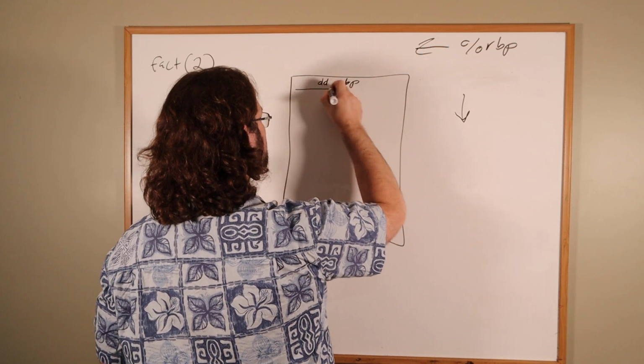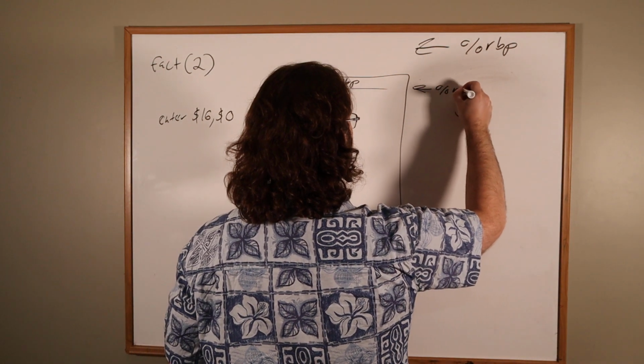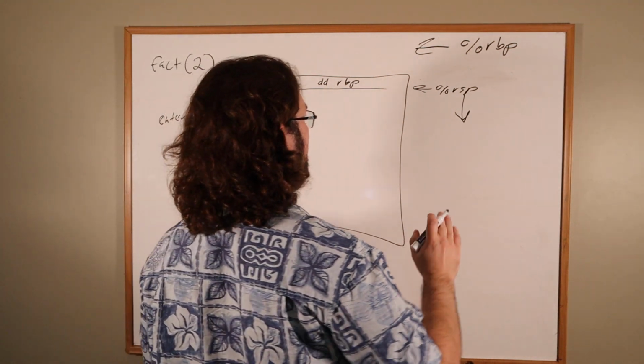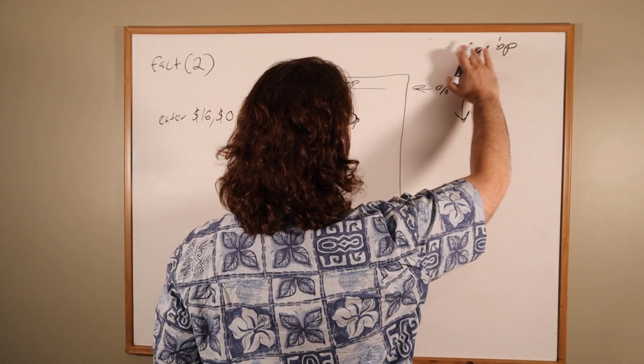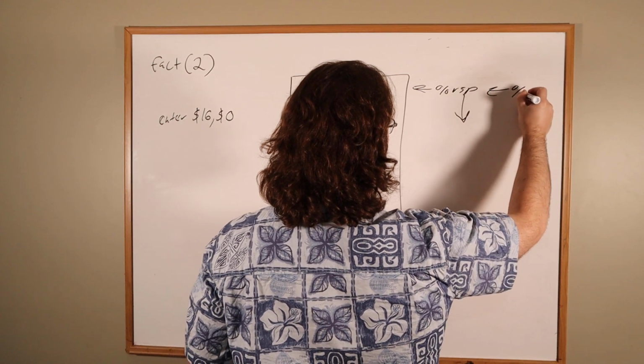Old RBP goes at the top of the stack. So that's going to cause RSP to end up here. Now, RBP is going to be made to point to the value of RSP.